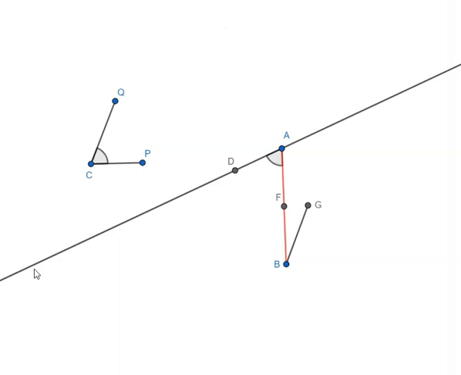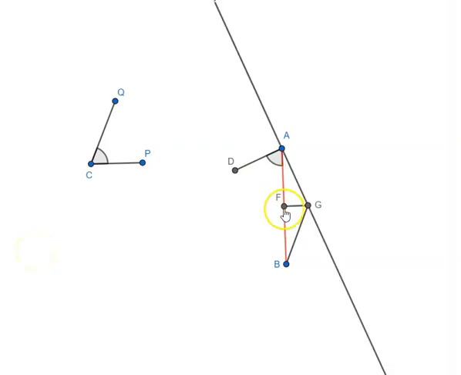There is one more line, and now let's join these points FG. Now what we are going to do is, keeping G as the center and AG or BG as the radius, we'll draw a circle, and let's mark the intersection of the circle with this line as E.